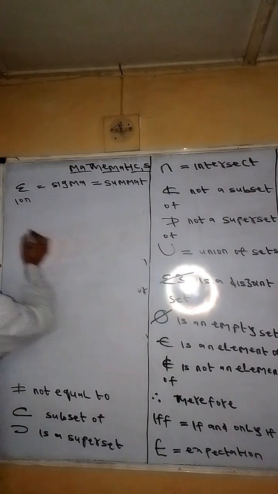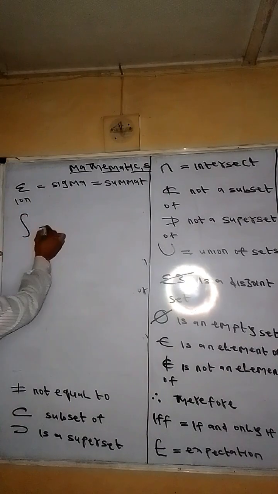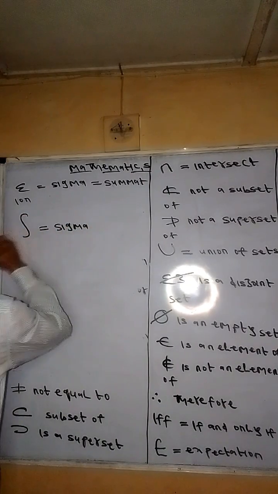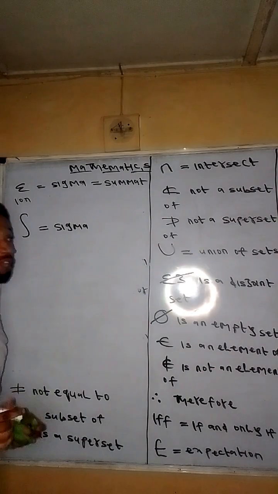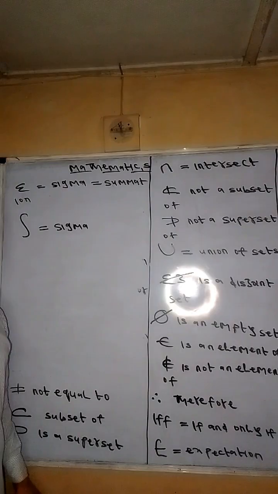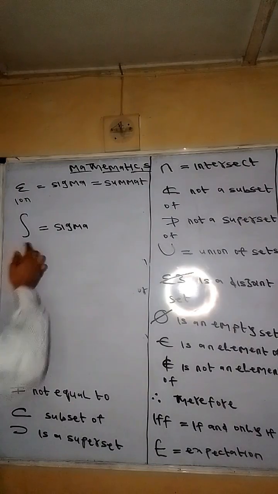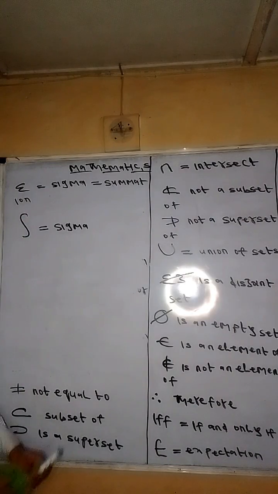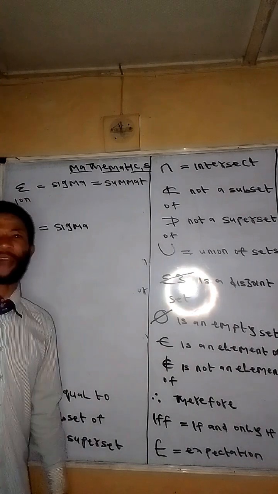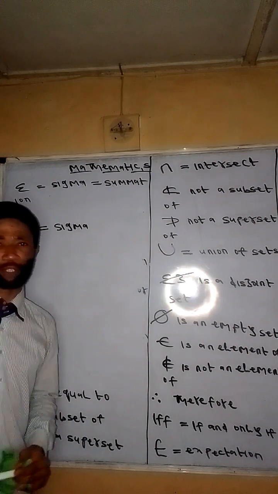Now, if you see something like this, this guy is called sigma again. This guy is used in mathematics when we are trying to get the sum of a continuous function. So this is sigma, or elongated s. This elongated s is used to find the sum of an infinitesimal group of functions.